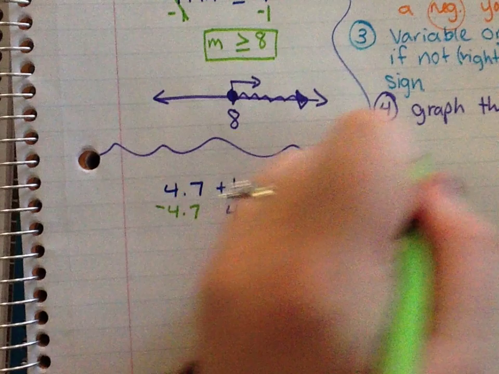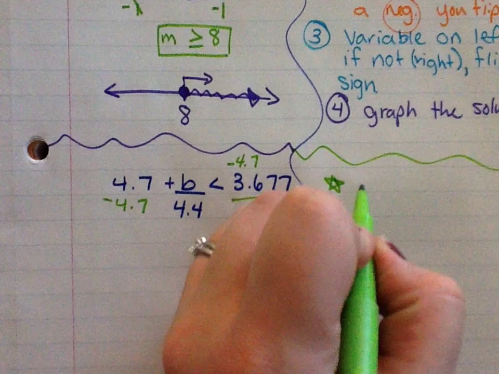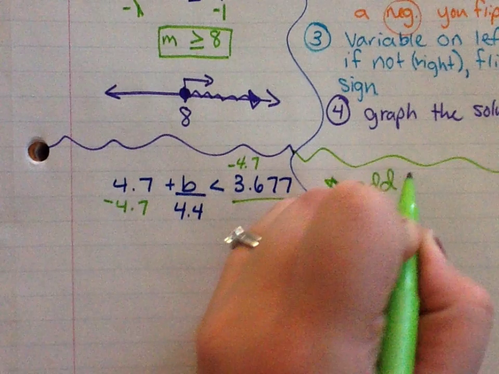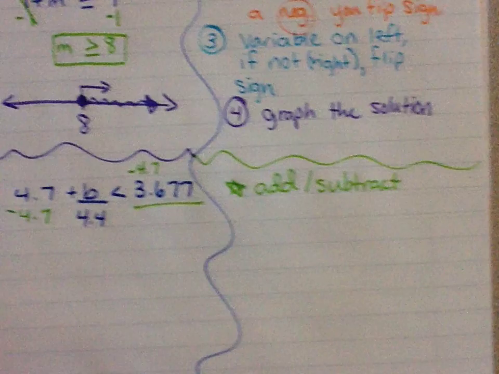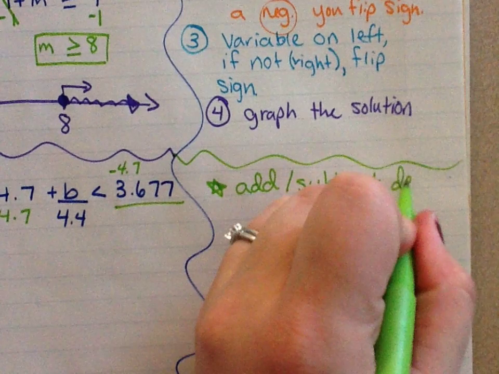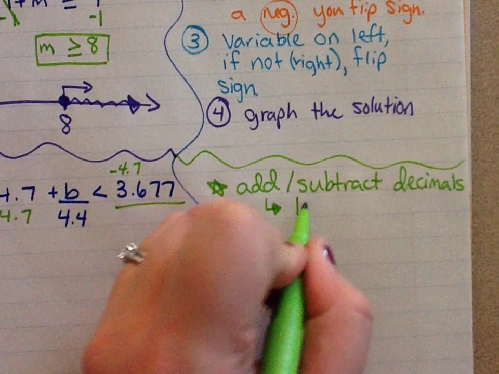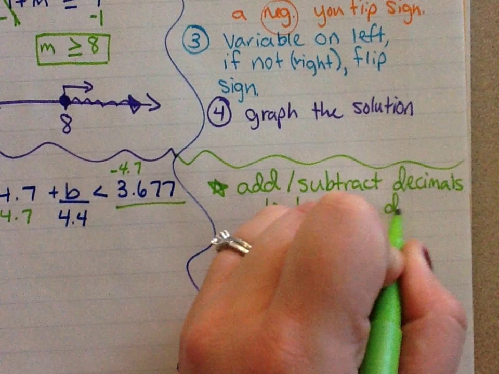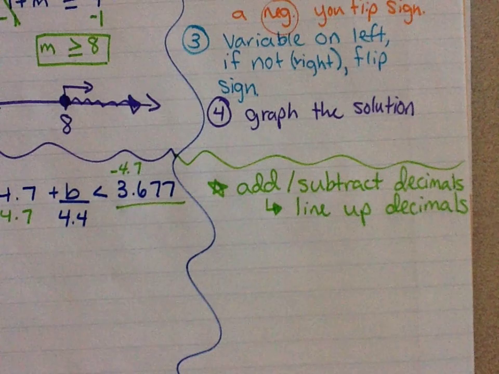When you subtract decimals, what's the thing you need to remember? Line up the decimals. When you add or subtract decimals, you need to remember to line up your decimals.